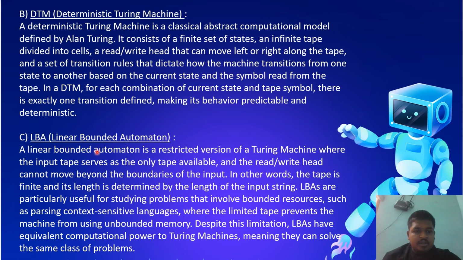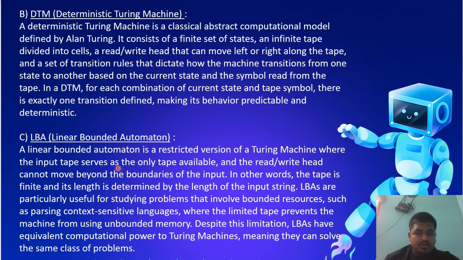Option C, LBA, linear bounded automaton. A linear bounded automaton is a restricted version of a Turing machine where the input tape is the only tape available and the read-write head cannot move beyond the boundaries of the input. In other words, the tape is finite and its length is determined by the length of the input string.